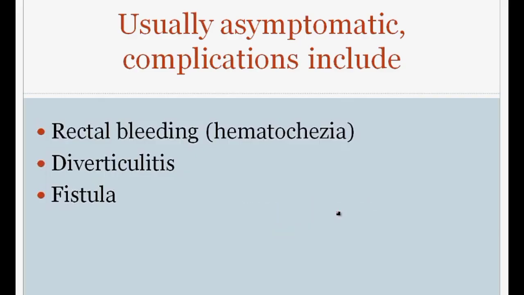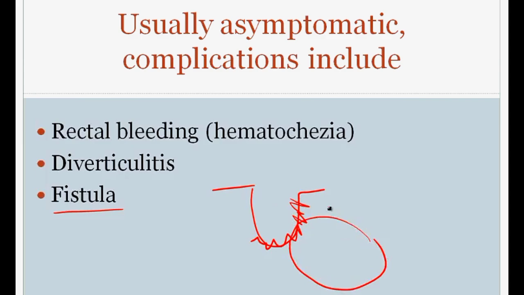And then another important complication could be a fistula. Remember that a fistula is a connection between two tubes. So in this particular case, imagine that you've got this diverticulum here. Imagine that the wall gets inflamed, and when the wall gets inflamed, that weakens the wall, and then the wall subsequently bursts or ruptures, and then it plugs into another tube.